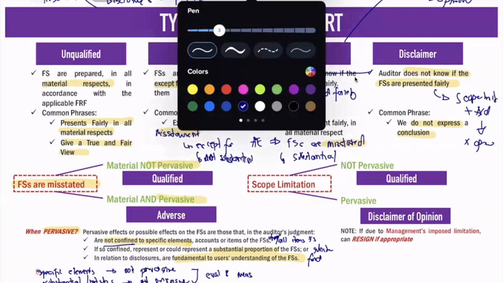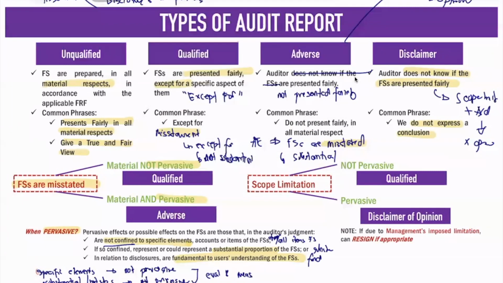It is not pervasive if it is not substantial. How about as to disclosure? If the omission of your disclosure is fundamental in the understanding of the user, then it is considered pervasive. When is it not pervasive? If it is not considered fundamental, therefore it is not considered pervasive.